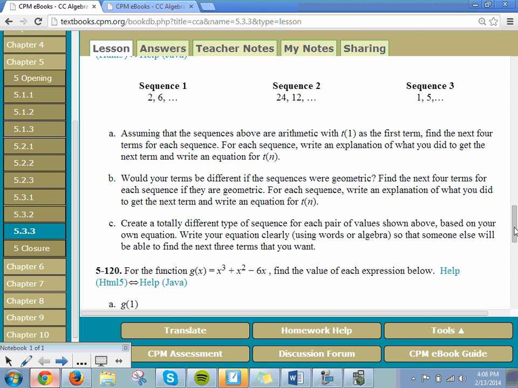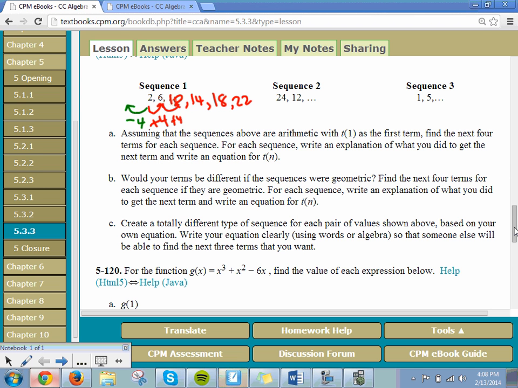So what we're going to do is just write the next 4 terms in our equation. If it's arithmetic, I know I have to be adding 4 each time. So my next 4 terms will be 10, 14, 18, 22. If I want to write an equation for that, I'm going to need to know for the explicit, my 0 term.